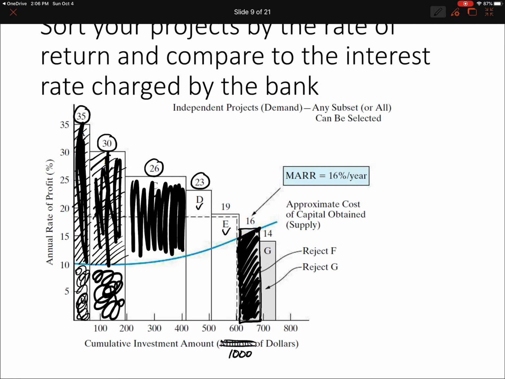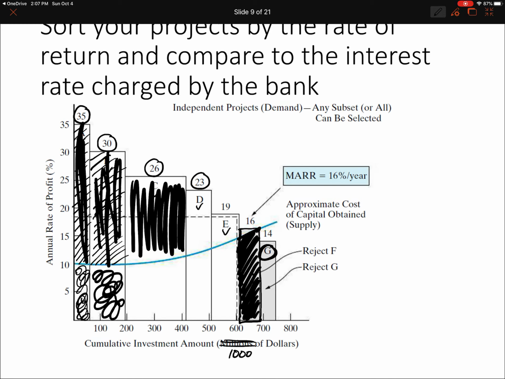So that is the border, the bottom line, where you need to say no to the project. Because if you cross that border, the money you need to pay back to the bank could not be recovered by the profit of that project. It's not a good deal.